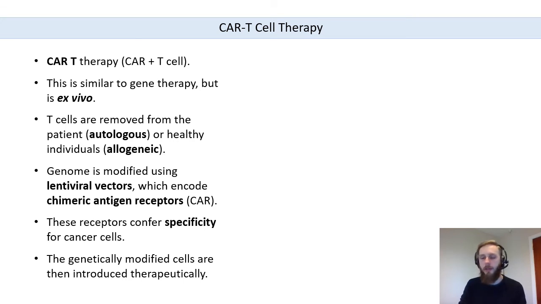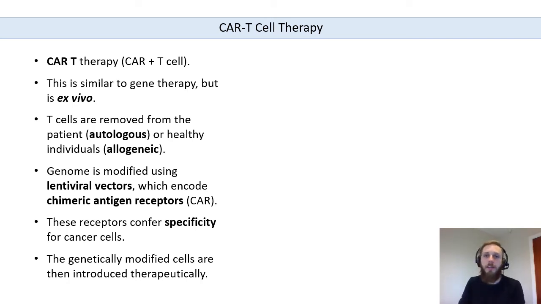The actual process involves taking immune cells either from the individual who needs to be treated or from another individual, and then using lentiviral vectors, which we talked about earlier, to introduce new genes into these cells. These new genes will encode what we call chimeric antigen receptors. These are receptors that the modified immune cells will then be producing because they're expressing the gene.